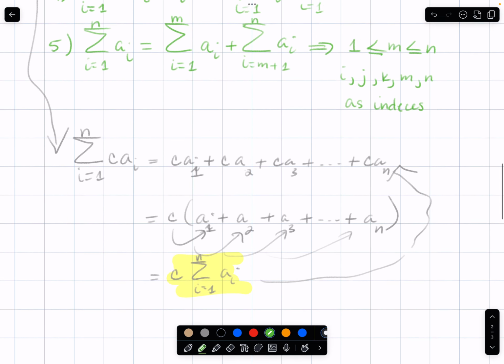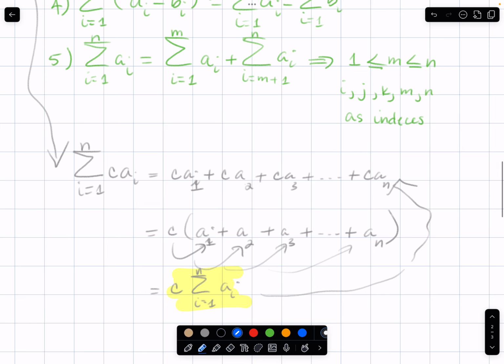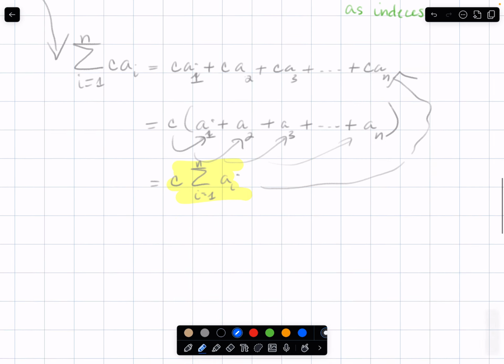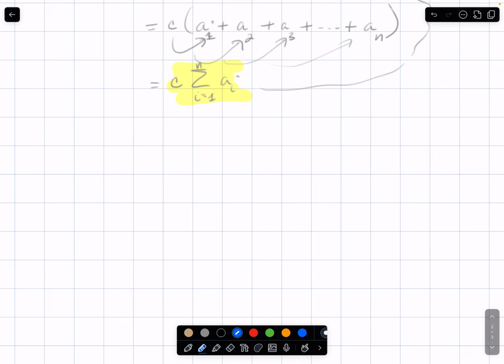Now we can move on to other properties for sums and powers of integers, right? For some reason I can't write today. All right. Sums and powers of integers, right?